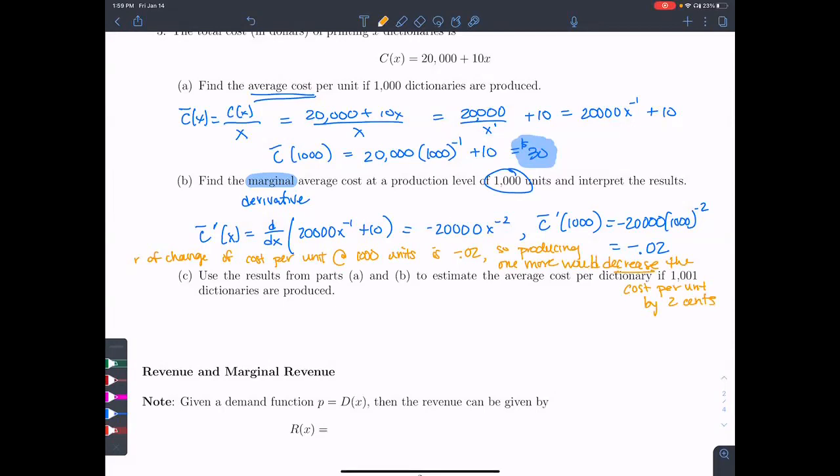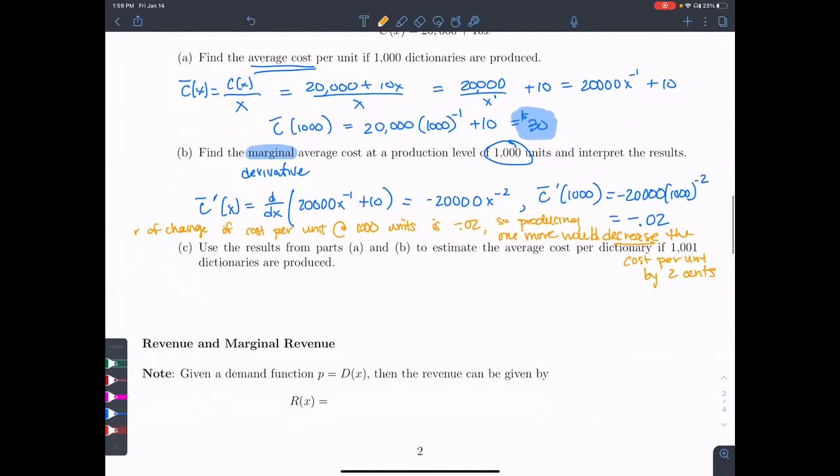Okay, so use the results from parts A and B to estimate the average cost per dictionary if 1,001 dictionaries are produced. So this is the cost per dictionary. Right now at 1,000 units, the cost per dictionary is $30. If we made one more, then the average cost will decrease by 2 cents per dictionary.